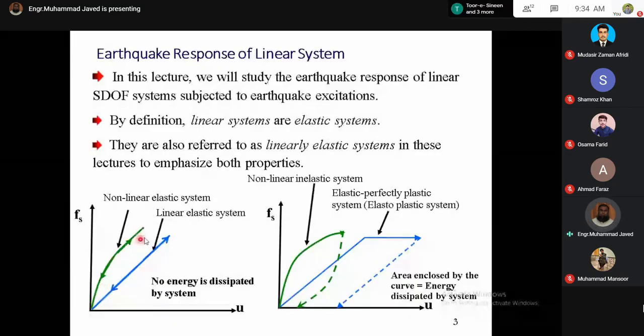This is a non-linear elastic system. And in next lecture we will discuss inelastic systems, in which if force or action is removed, permanent deformation in the structure occurs, which may be more or less depending upon the level of loading and the material properties.